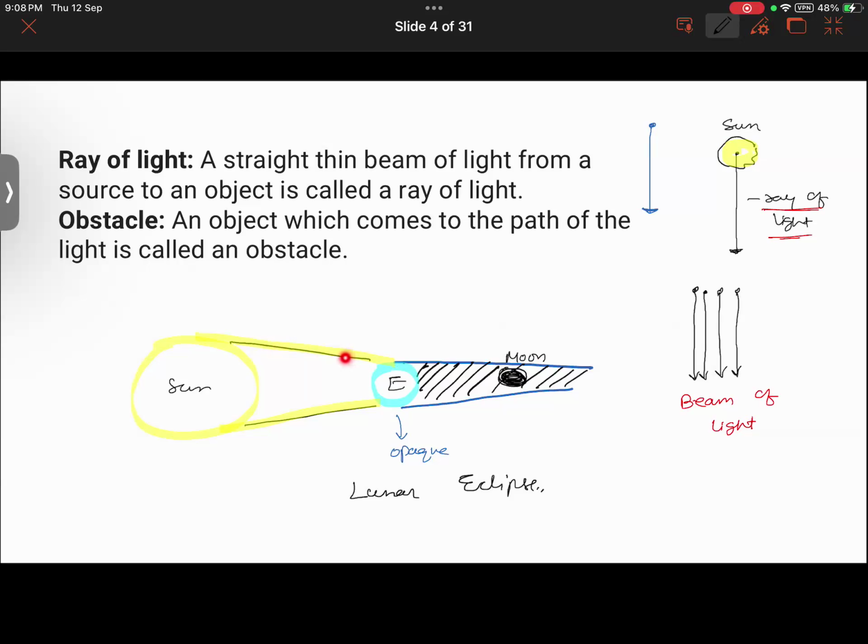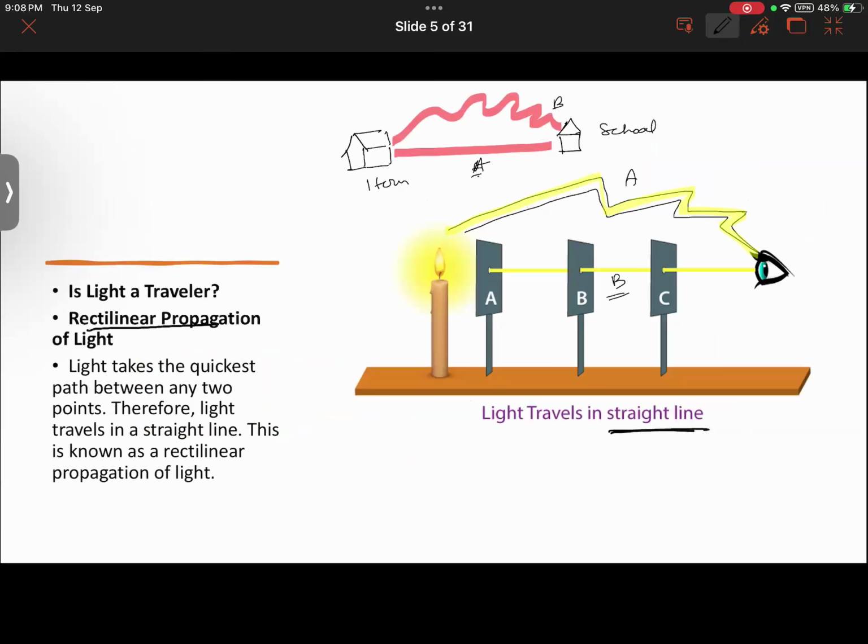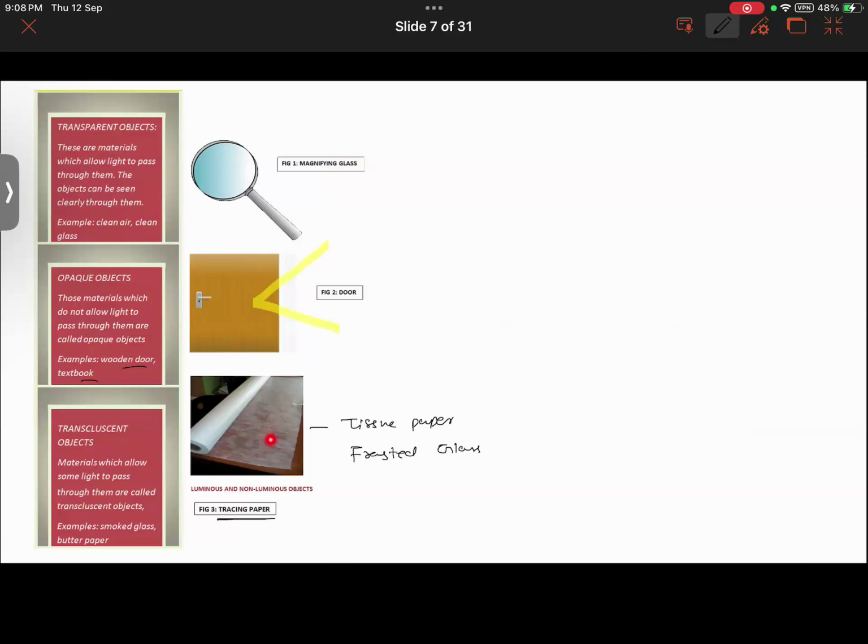But can you point out a ray of light when looking at sunlight? No, sir. Light always travels in a beam, and in a translucent object too, light travels in the form of a beam. Examples of translucent objects are tissue paper, frosted glass, tracing paper, and butter paper.